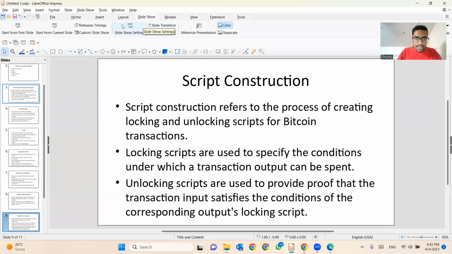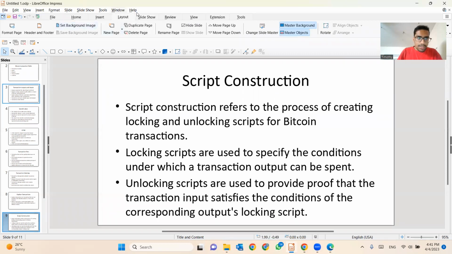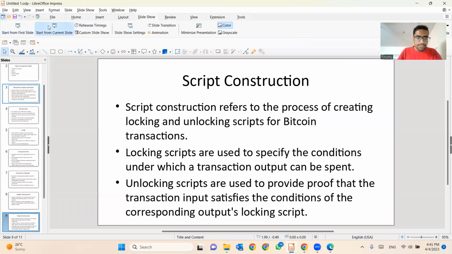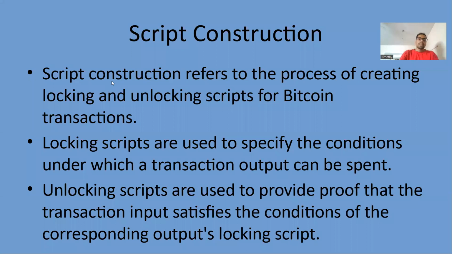We have seen unspent transactions. Now script construction. So now we know how to find the unspent transactions and how many to pay. More about the scripts. These scripts are constructed for locking and unlocking.